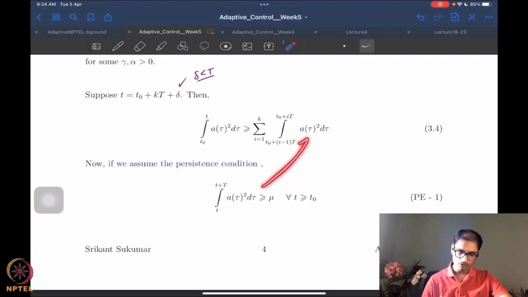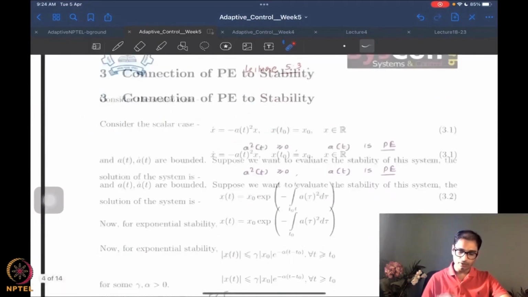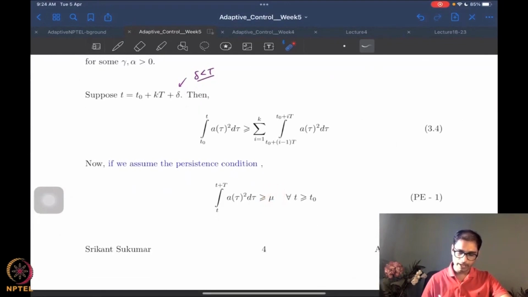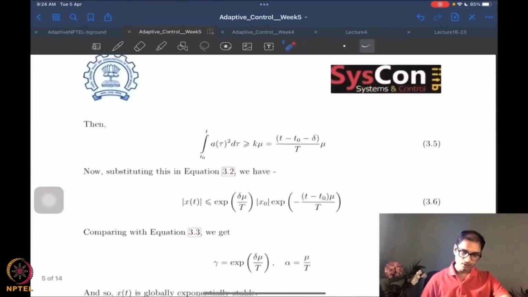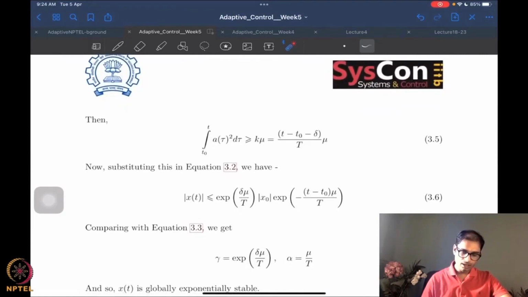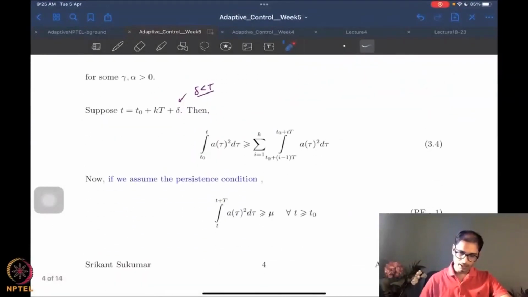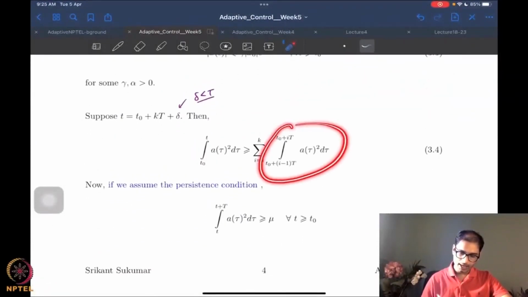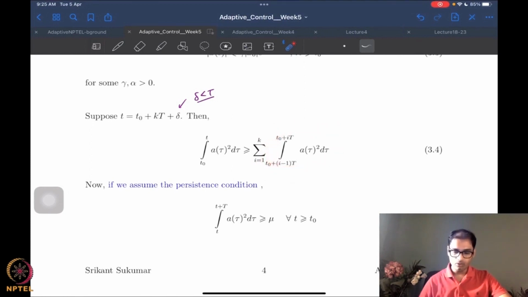You can imagine I'm going to use it here because each of these is a window of time capital T. And this is where all these uniform bounds help us. This is not depending on the small t, otherwise we would have some trouble. So if I just substitute, the left hand side is the integral from t0 to t, but it is greater than or equal to k times mu, because this is just k times this, and I know that each of these is greater than or equal to mu.